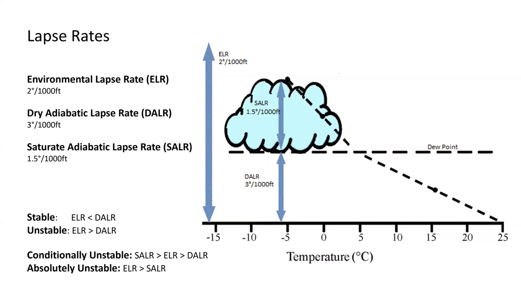So in a stable atmosphere, you've got the environmental lapse rate always less than the dry adiabatic lapse rate. So that means that these parcels of air, if they're heated near the ground, they just don't want to rise. Unstable, your environmental lapse rate at some point is bigger than your dry adiabatic. So it can rise.